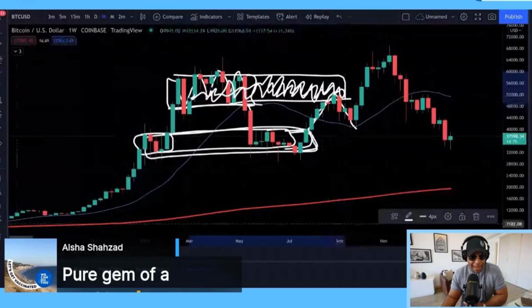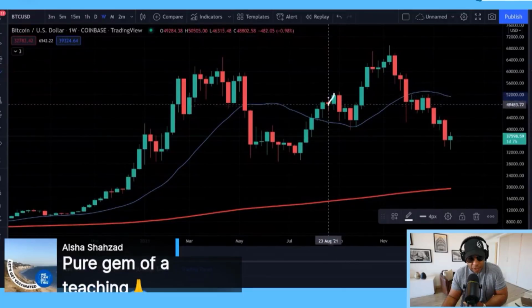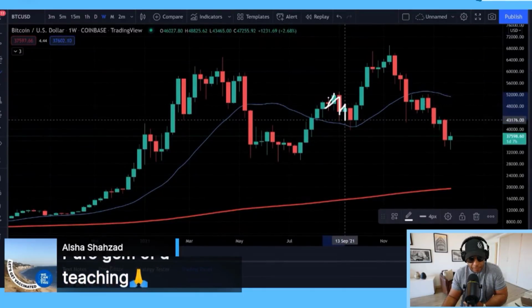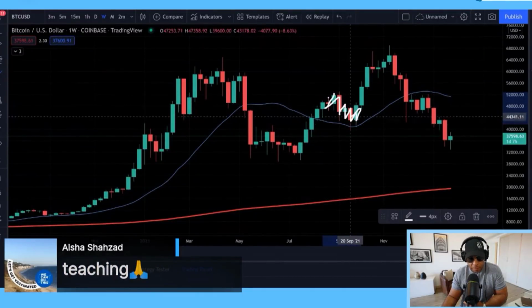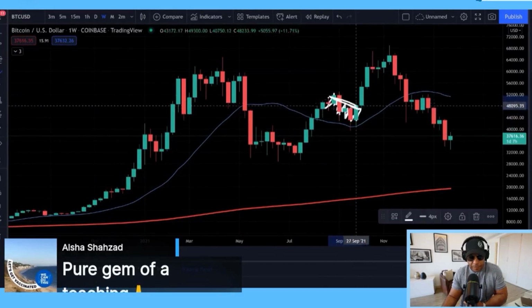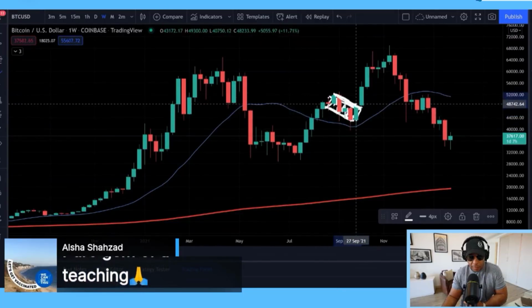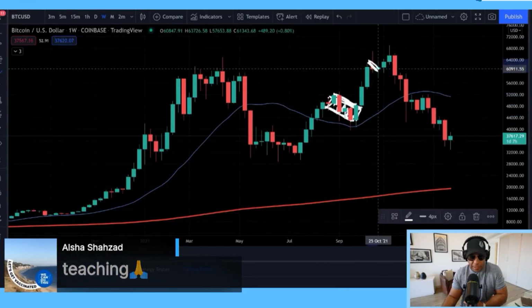Now, this drop back creates the next congestion zone. But this one is a congestion zone kind of slanted, right? And this one is slanted this way.